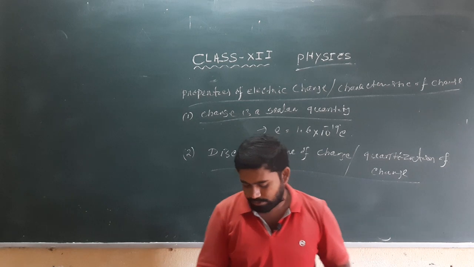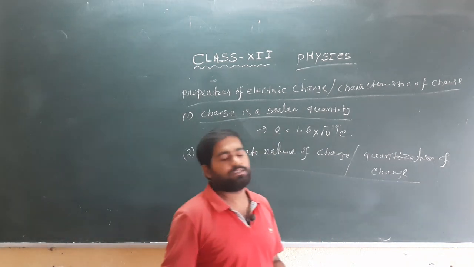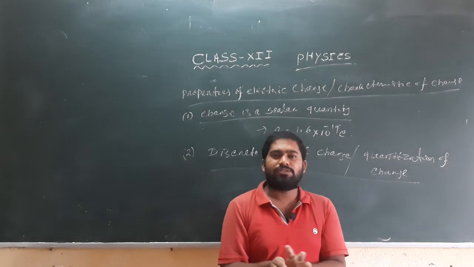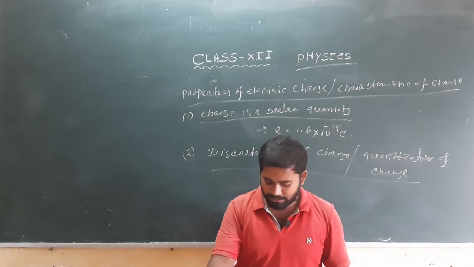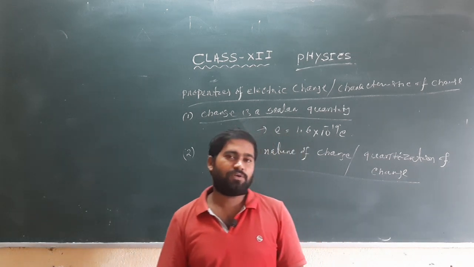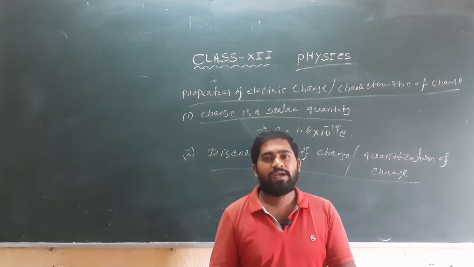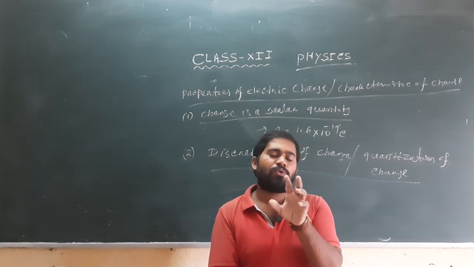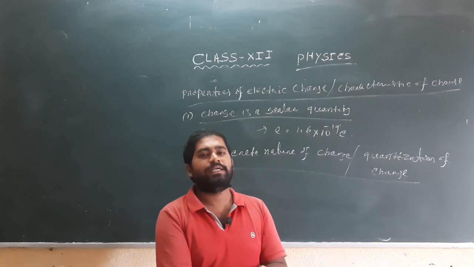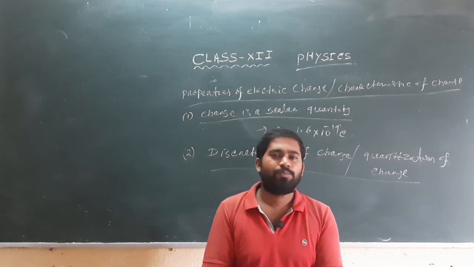So quantization of charge or discrete nature of charge says that the electric charge inside an atom or inside any body is not continuous. It is generally discontinuous in nature. When we measure the total charge of the body, it is an integral multiple of the charge of one electron or proton.